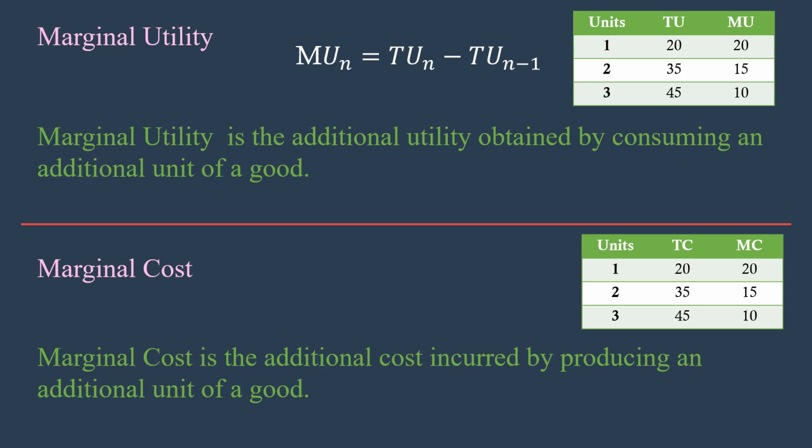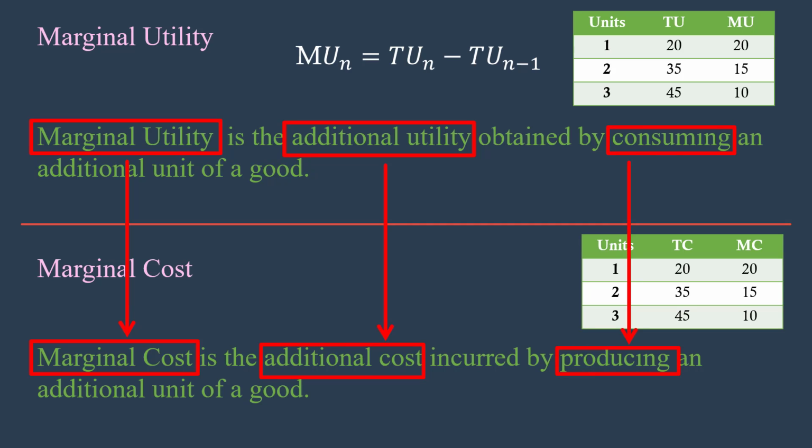Examine the changes we have made in fabricating the definition of marginal cost from marginal utility. We replaced marginal utility with marginal cost, additional utility with additional cost, consuming with producing. See how easy it is. State the formula for marginal cost.